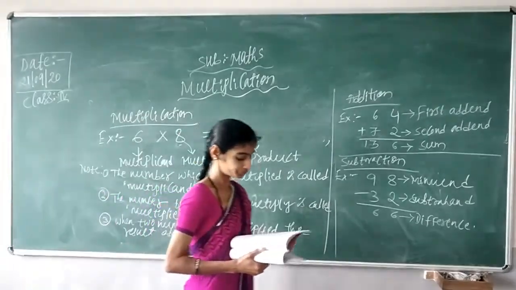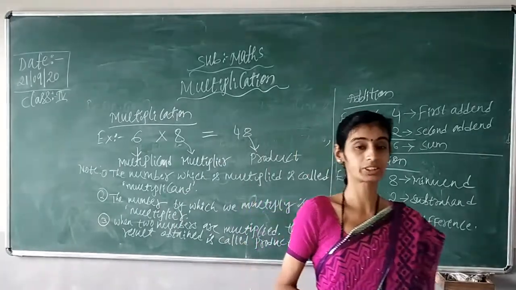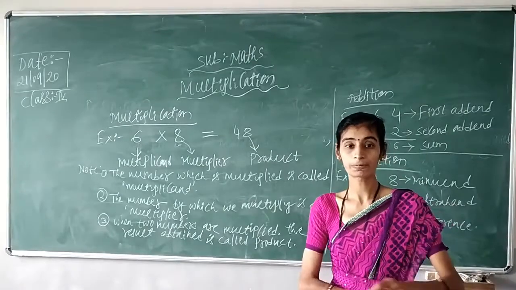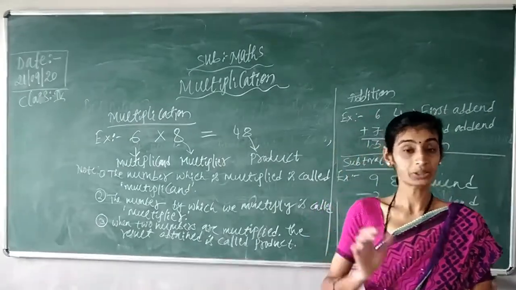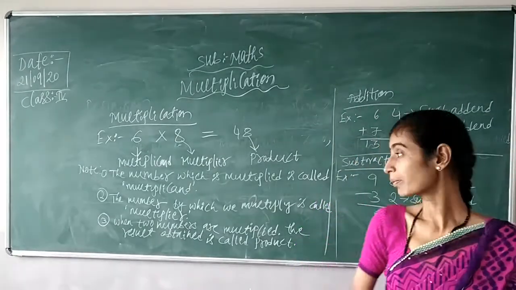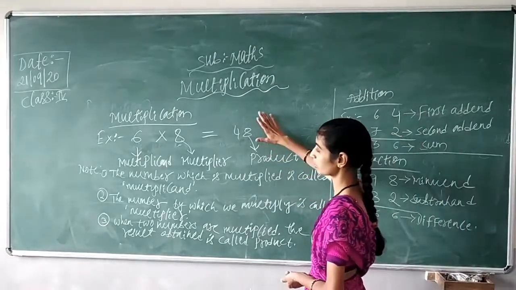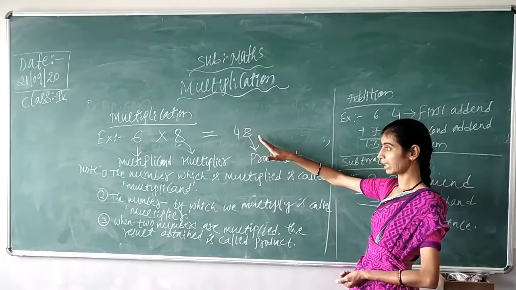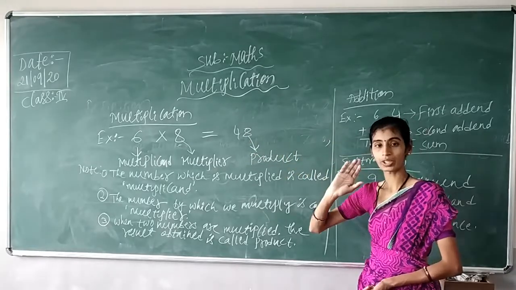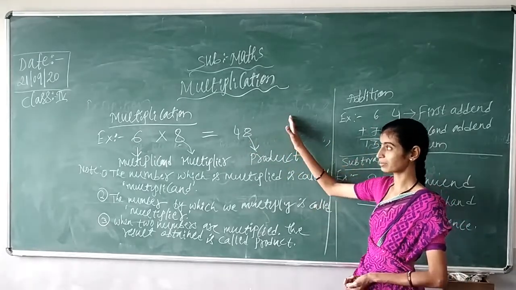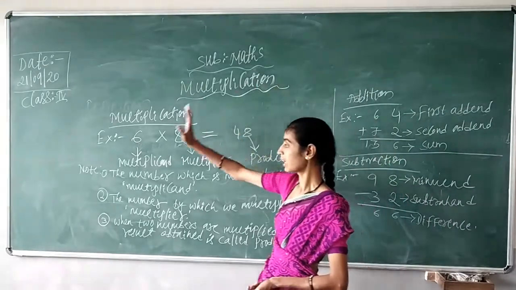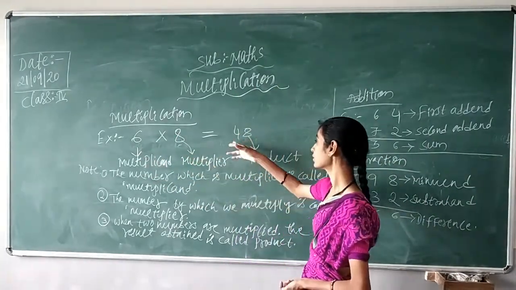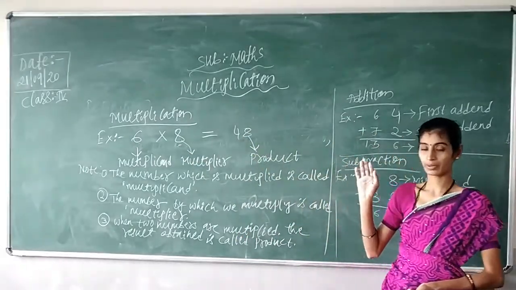Okay, children. So what all we have learned in today's class? We have learned the definition of multiplication. Try to understand the concept, children. So this is the general form to write the multiplication. 6 into 8 equals to 48. So this is one example of multiplication, and 6 is multiplicand and 8 is a multiplier and 48 is a product.